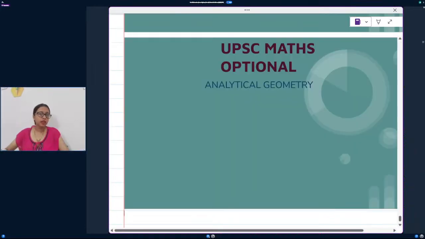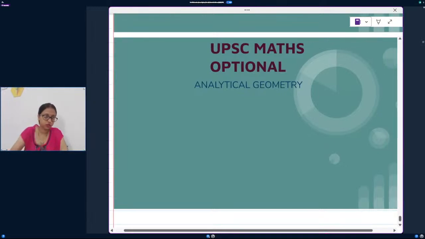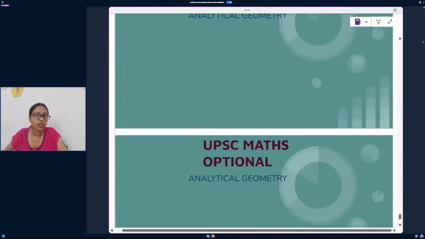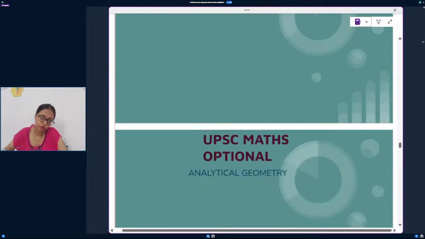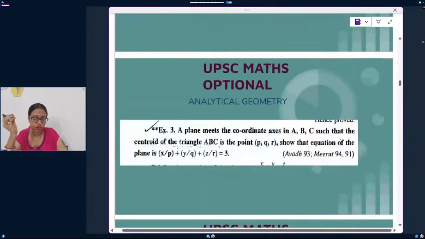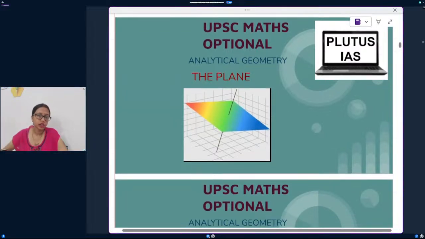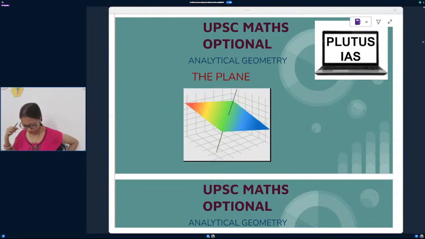As I said just now in the last lecture, if you want to extend your equation of line from equation of line in 2 dimension to equation of line in 3 dimension, you don't just increase a variable.